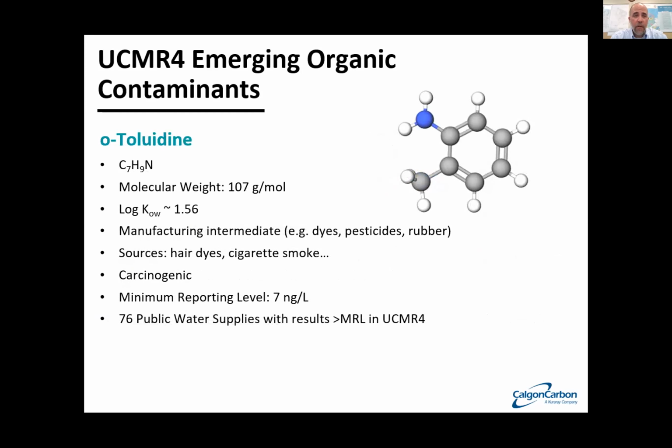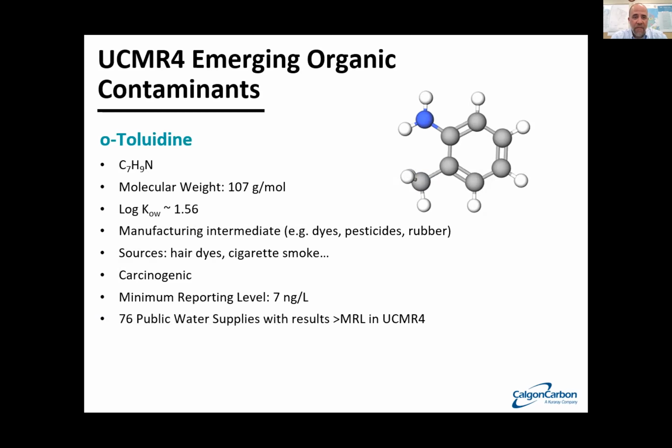Finally, ortho-toluidine, again another compound under this EPA 530 method. While the log KOW is lower, it should still be adsorbable based on my experience. It's a manufacturing intermediate, just like quinoline, also used in making dyes and pesticides. Interestingly, if you read about this, a beautician or someone doing any type of hair dye might be exposed to this compound at higher levels than others in the population.